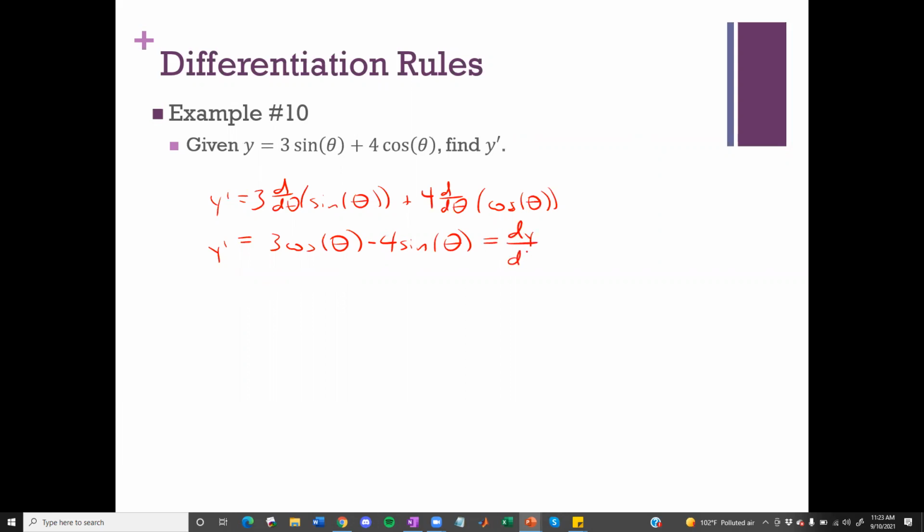I'll call this dy d theta as well. Yeah, there's no independent variable x this time.